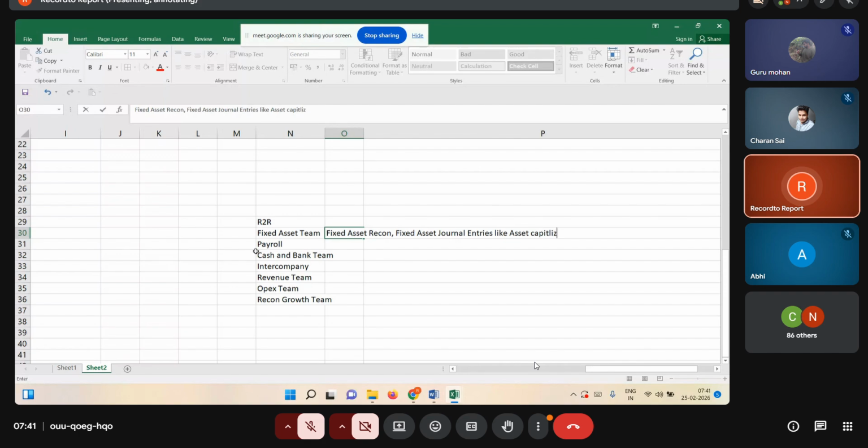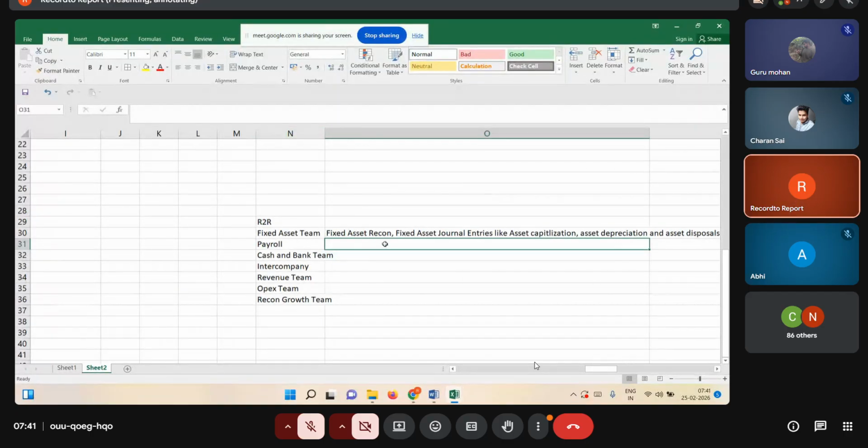Asset capitalization, asset depreciation, and asset disposals and impairments. Clear? So if you get a chance to work on this particular team, you need to perform these activities.